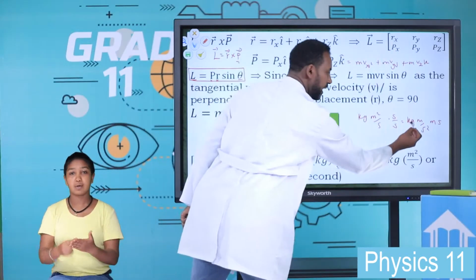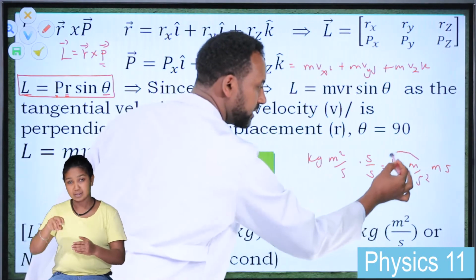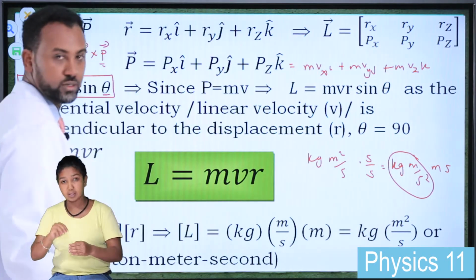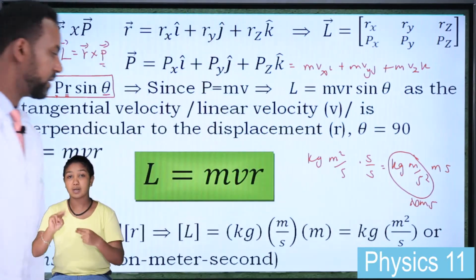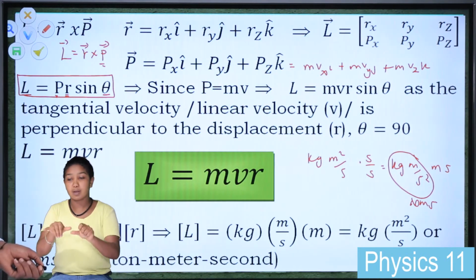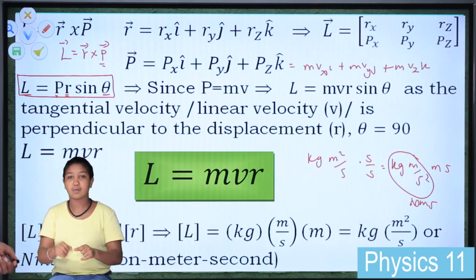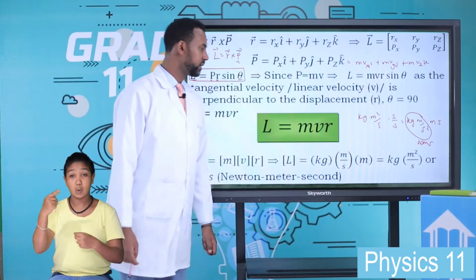Therefore, kilogram meter over second squared, times meter second. Kilogram meter per second squared is newton. Therefore, it's possible to have newton meter second. Sometimes it's also possible to use the SI unit of angular momentum as newton meter second, or kilogram meter squared per second.